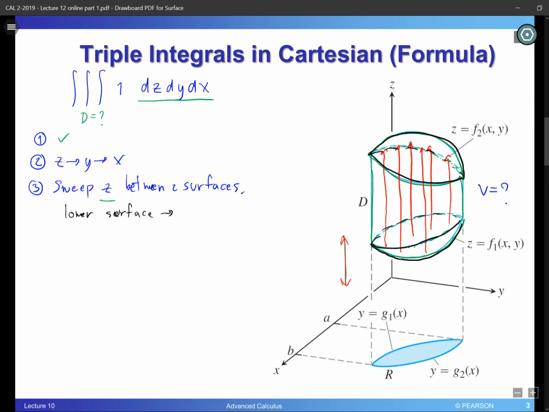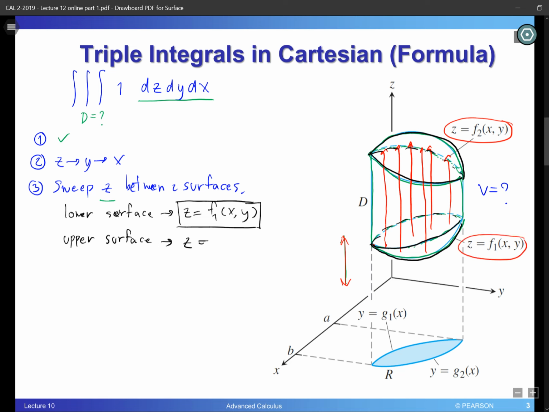That is z equal to f1(x, y). That is the first boundary, the boundary that we are going to put into the formula. Now, the sweeping of z ends at the upper surface. That is z equal to this upper surface right here. By the way, this is the lower surface. The upper surface is z equal to f2(x, y).